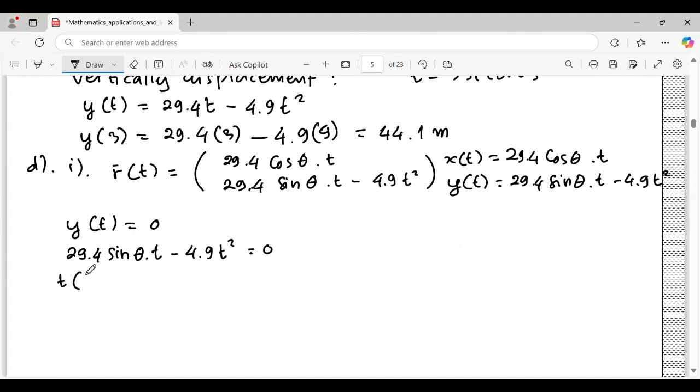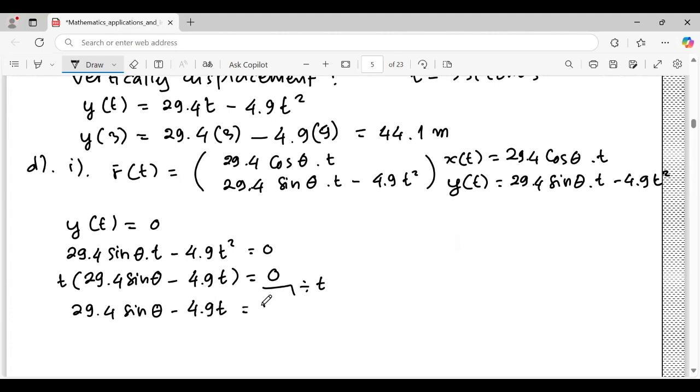Factorize t: t times (29.4 sine theta minus 4.9 t) equals 0.